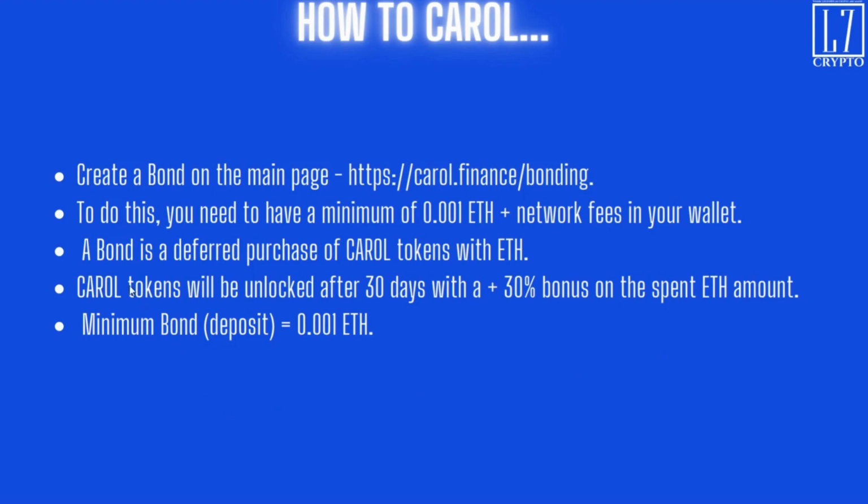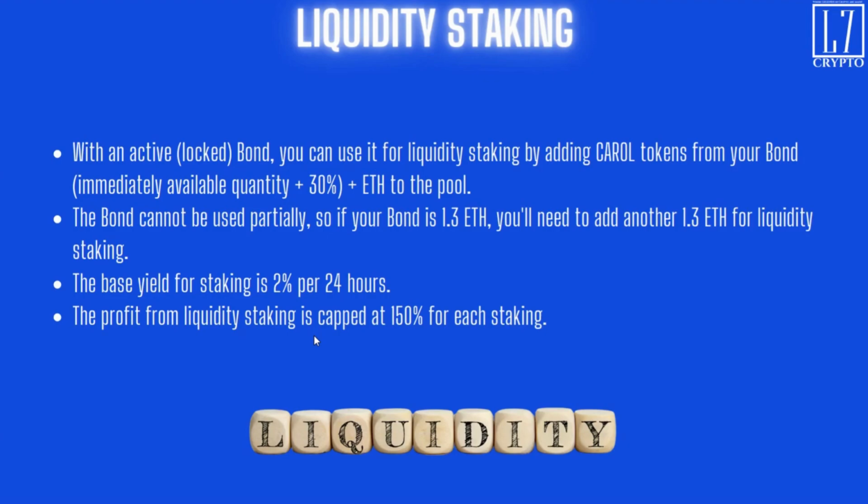Then we already know the bond is a deferred purchase of Carol tokens with ETH. The Carol tokens will be unlocked after 30 days. We saw that when I created the bond, and I bonded for 30 days because there's no option other than the 30 days. And of course, the minimum bond is 0.001 ETH.